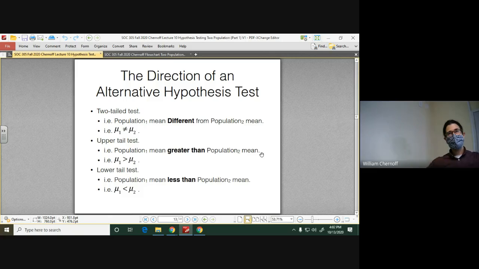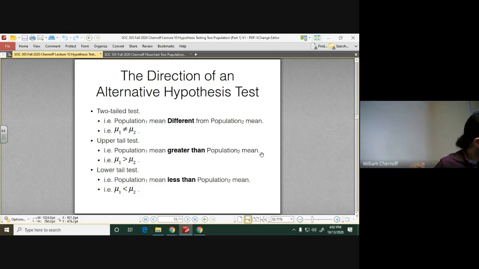So again, it could be this idea with population 1, population 2, and population 1 on average differs from population 2 somehow, we don't know how, but we think there's a difference. Or we could be in the situation where the population average is, say, greater for population 1 than population 2.